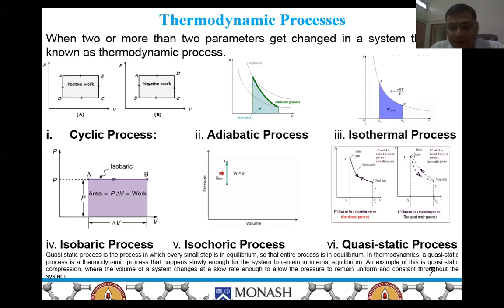It happens slowly enough for the system to remain in internal equilibrium. An example is quasi-static compression, where the volume of the system changes at a slow rate enough to allow the pressure to remain uniform and constant throughout the system.